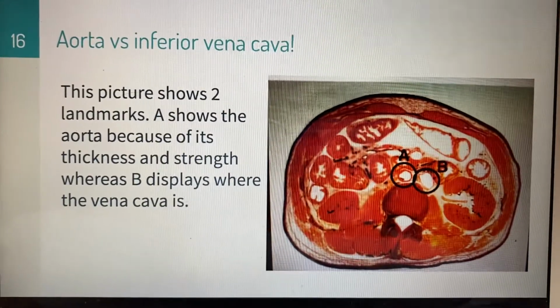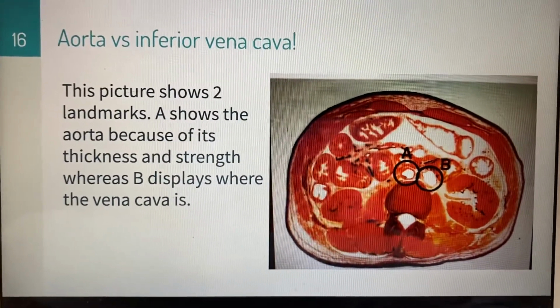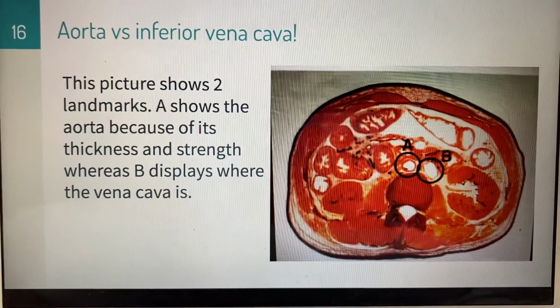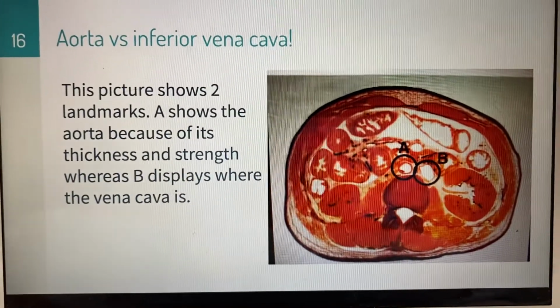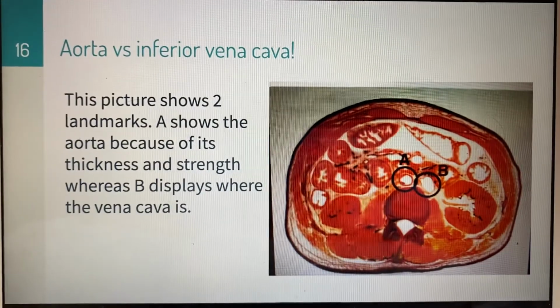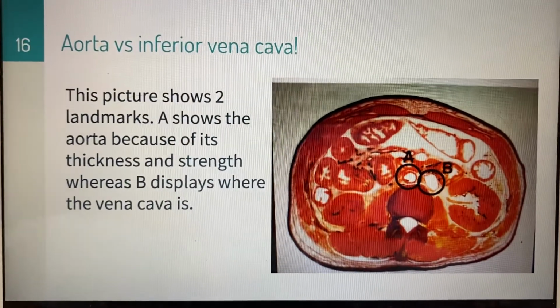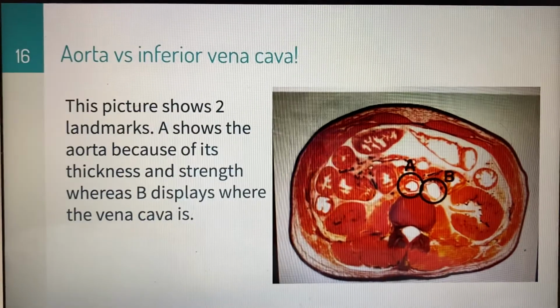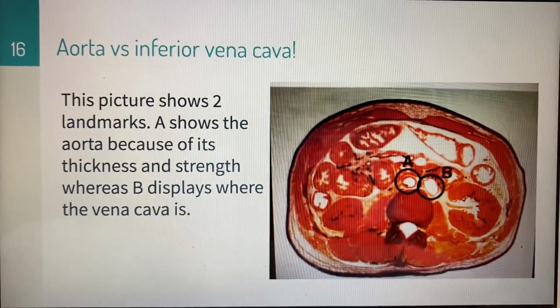So next we have the aorta versus the vena cava, and the aorta is going to be thicker, and that is because it has to pump more, and then the vena cava is a vein, so it's going to be more flimsy in a sense.